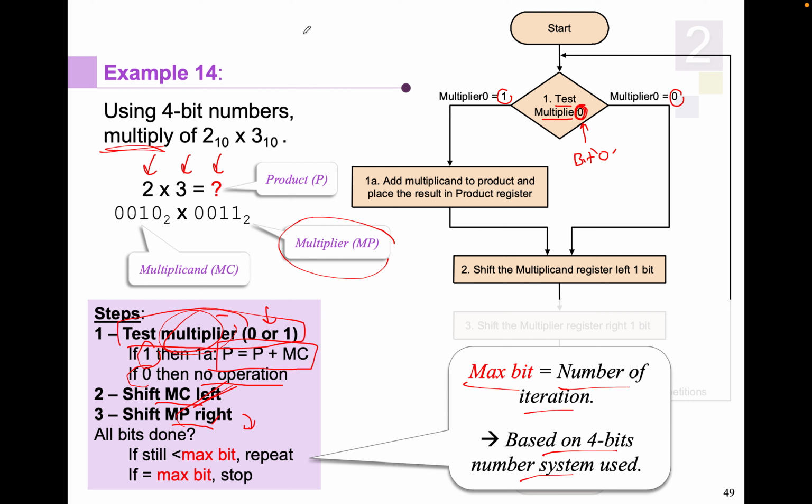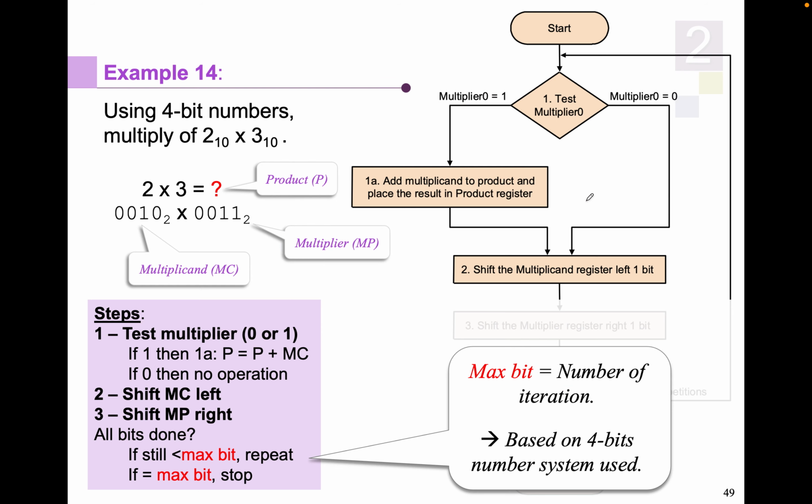For example, if you have 0, 1, 0, 1 as your multiplier, what is the value of bit 0? It is 1, so you do the add step. If you have 0, 0, 0, 0, what is the value of multiplier bit 0? It is 0, so you go the other way. Okay, let's check.